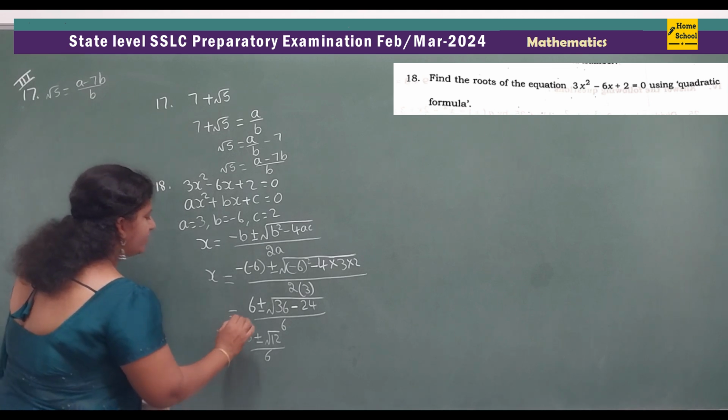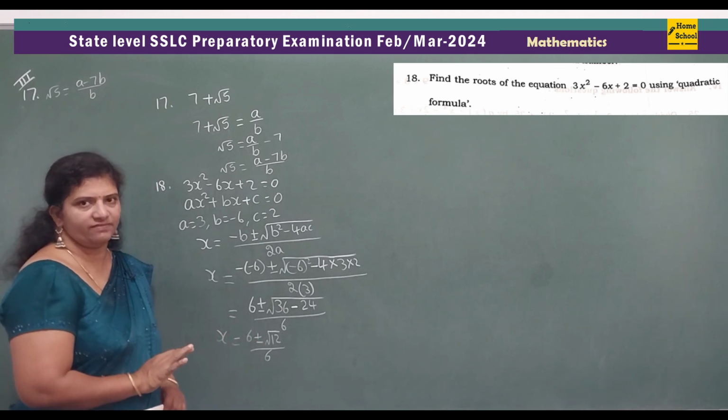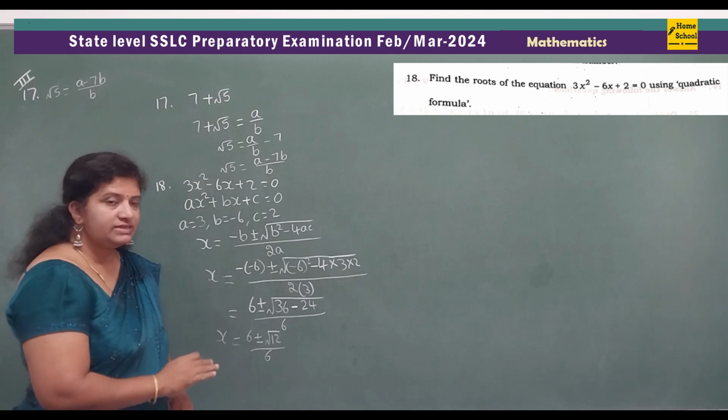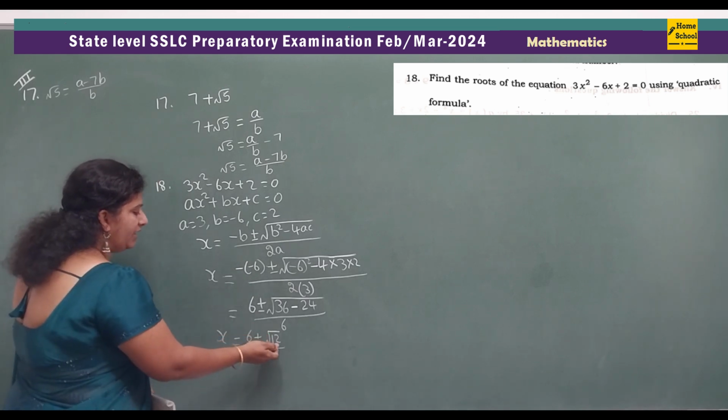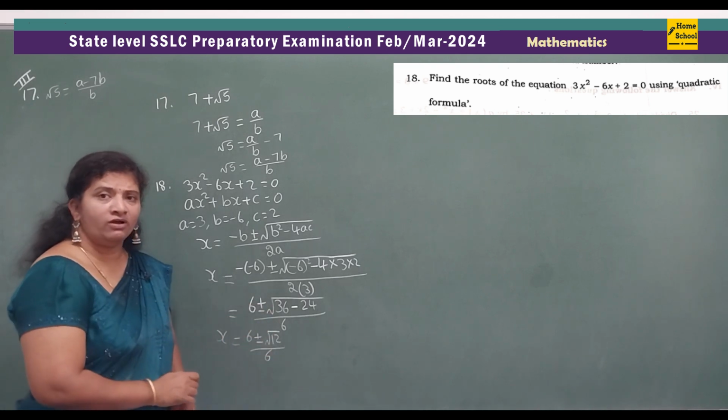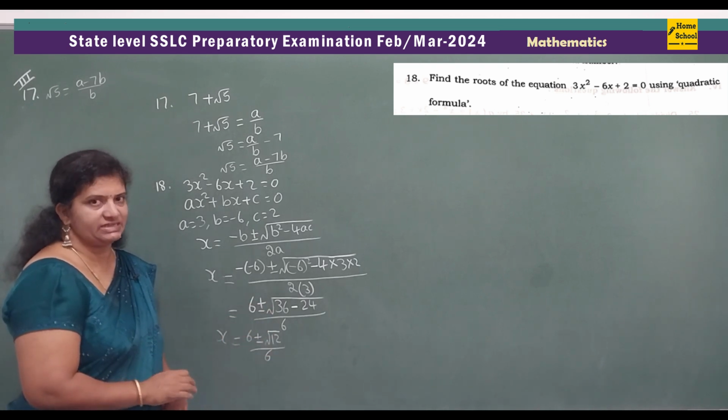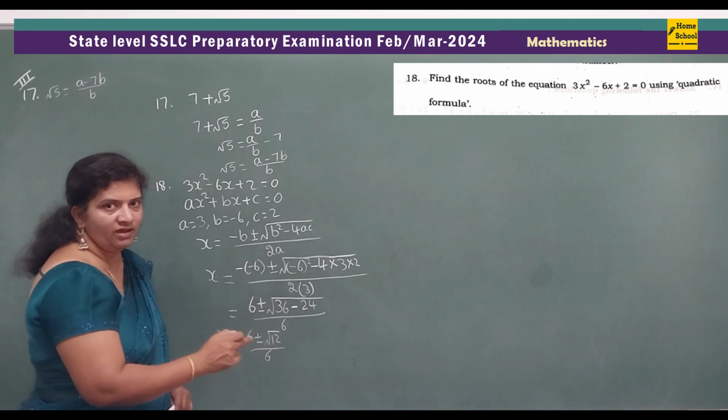Most of the children will end up the answer here itself. No, it is wrong. Still you need to simplify this one. Check, is 12 a multiple of any perfect square? Yes. 4 3s are 12.